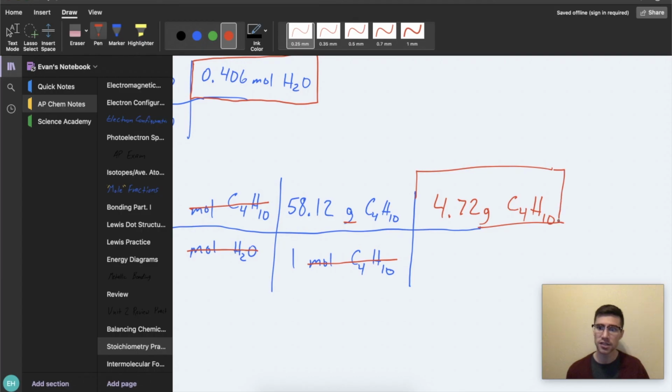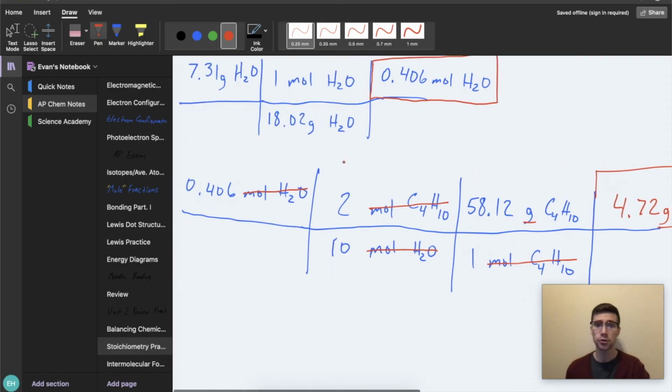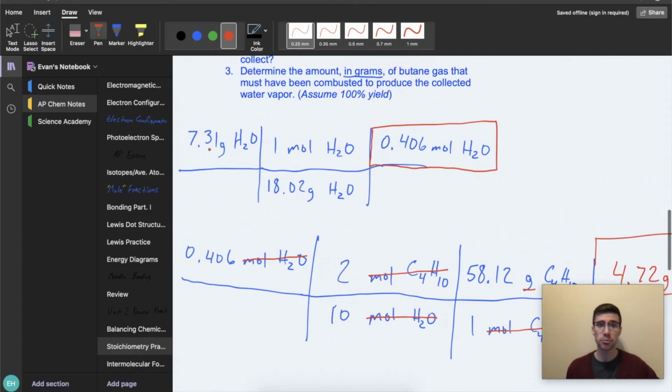And what this tells us is if our reaction was 100% perfect, which they're not really going to be, but on paper, that's okay. If this reaction was 100% perfect, then it would require exactly 4.72 grams of butane gas to produce 0.406 moles or 7.31 grams of water, okay? Because these two amounts are the same thing, right? We're just expressing them with different units.